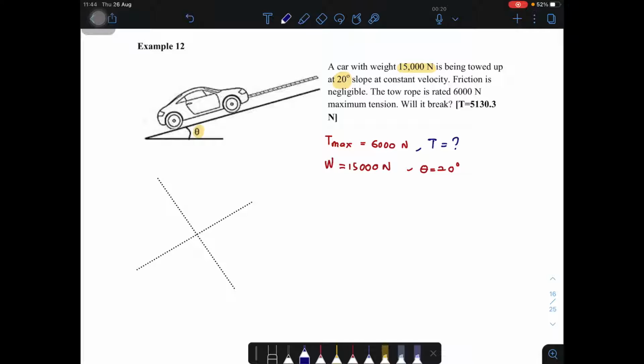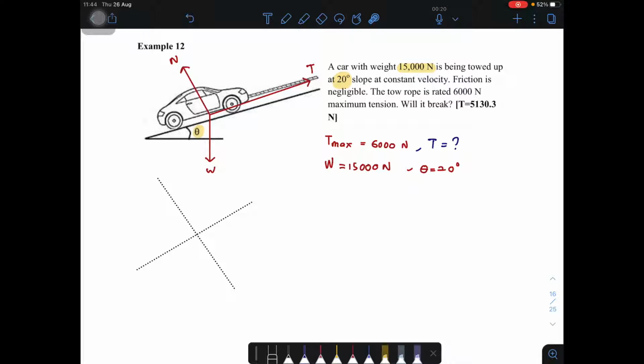Okay, so first of all, let's identify the forces. Okay, macam biasa, identify dahulu. Kita tahu dia ada weight force going downward. And then since dia adalah dekat surface, okay, we have the normal force. And then kita ada tension force going here, which must be away from the object.